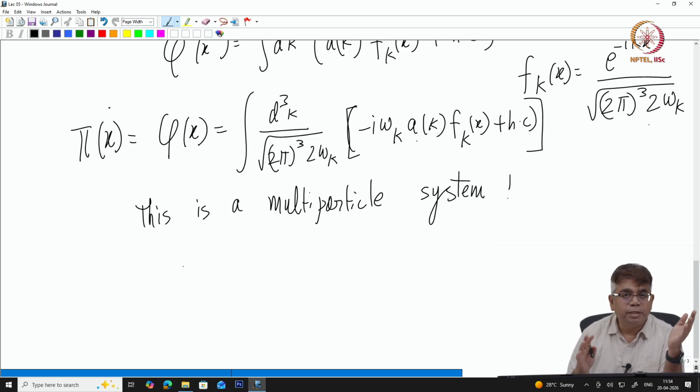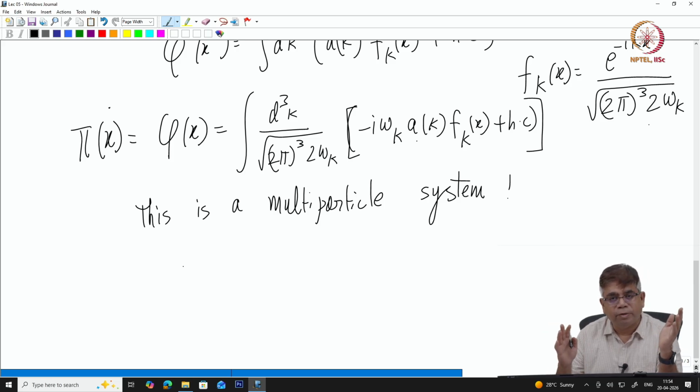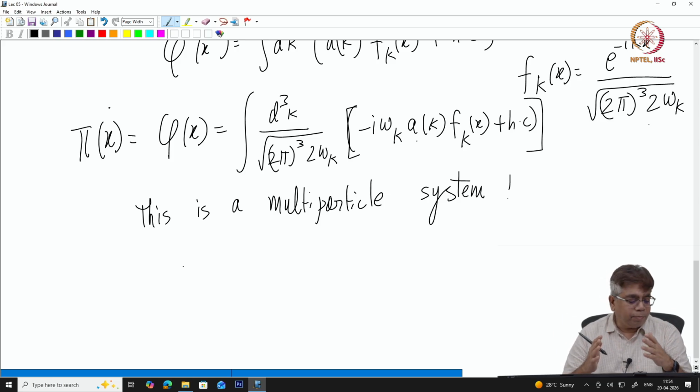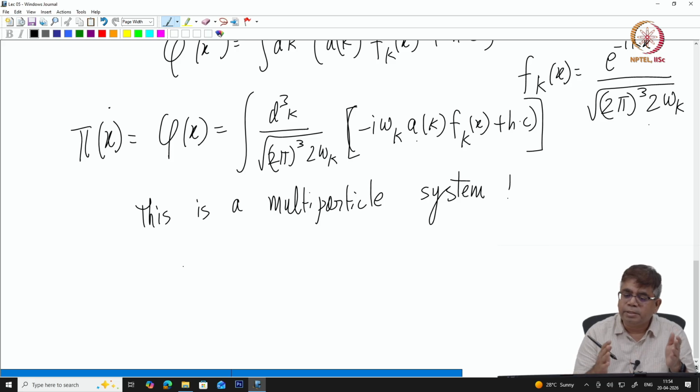Earlier, people used to call it second quantization, but in modern language we consider it a scalar field, a real scalar field, which can be expressed in terms of a series of harmonic oscillators, such that you have a mode expansion.